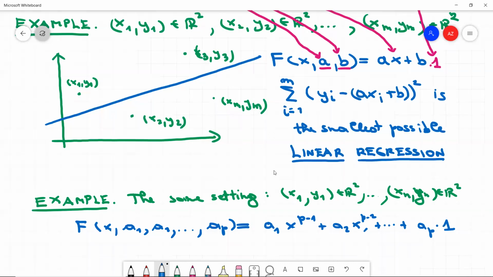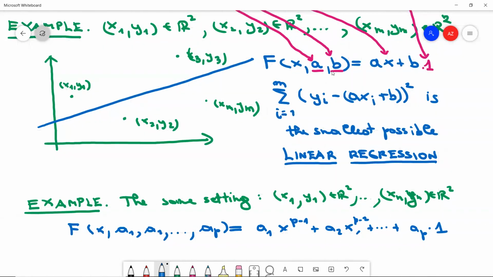So in the linear regression, I only had two parameters, and I had ax plus b. I could also draw this fitting function in R squared. But if I allow more parameters, of course, then I can get a better solution. But then this model is a bit more complicated.